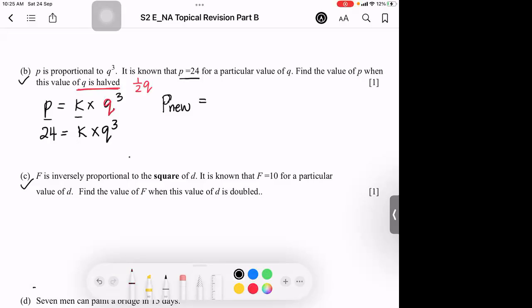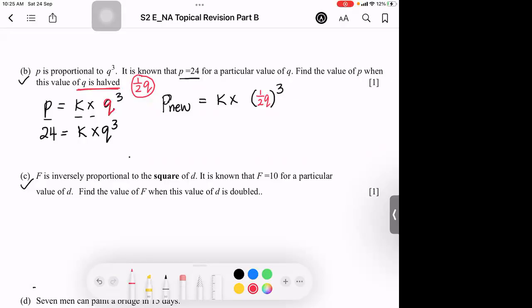P equals k times Q cubed. What is this Q changed into? What is the new Q? The Q changed into half Q. Put the half Q inside.